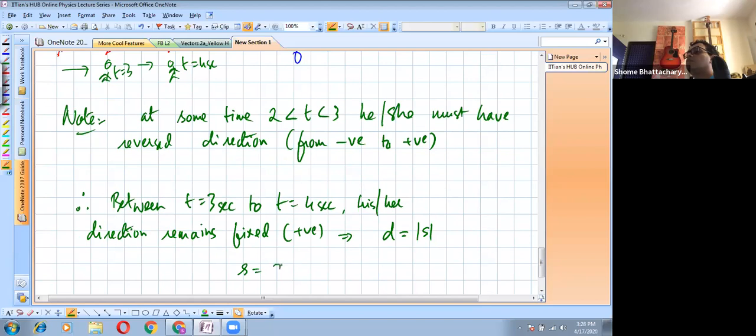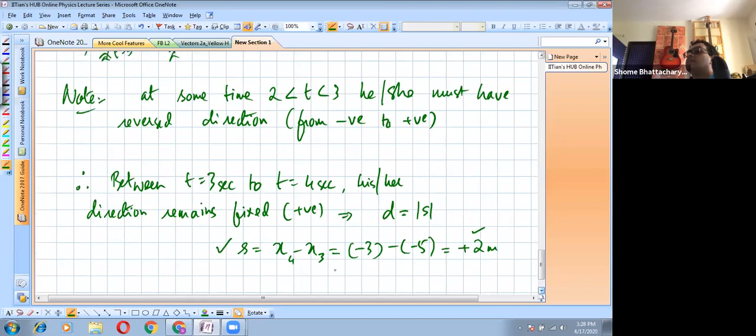It will be the value of x at t equal to 4 seconds minus the value at t equal to 3 seconds. So that is going to be minus 3 minus of minus 5. Okay. So the displacement you can see is plus 2 meters. The displacement will be answered with a positive sign, and the distance traveled will just become 2 meters. Okay.